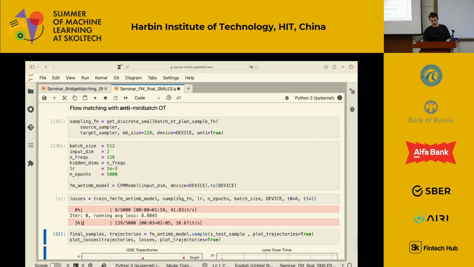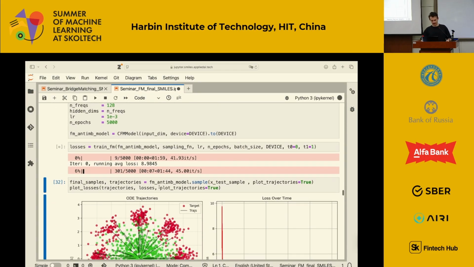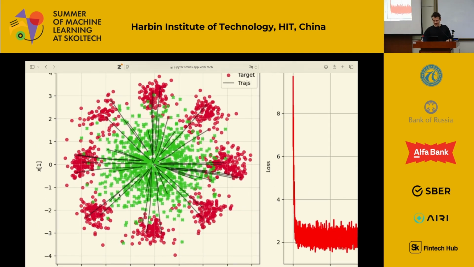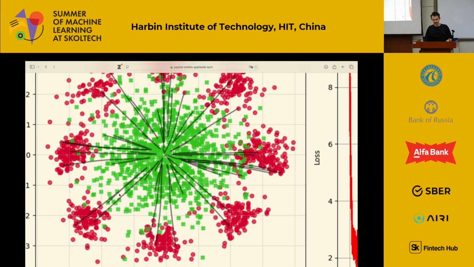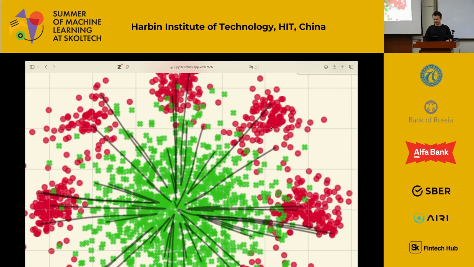Again, it's about 2 minutes of training, but I will omit this training and we will take a look at the results. From the first point of view, these trajectories may seem straight. However, they actually have this sharp edge. If you start from this point, you go to the center, and then you basically turn around.